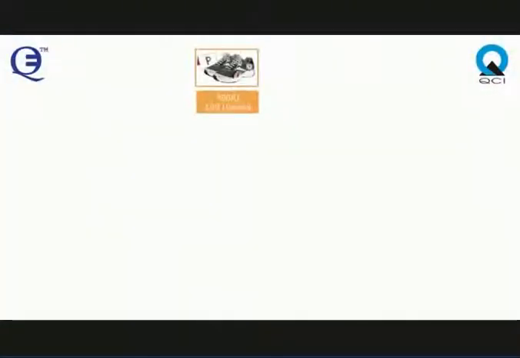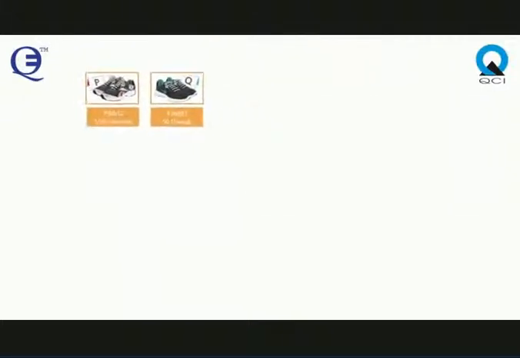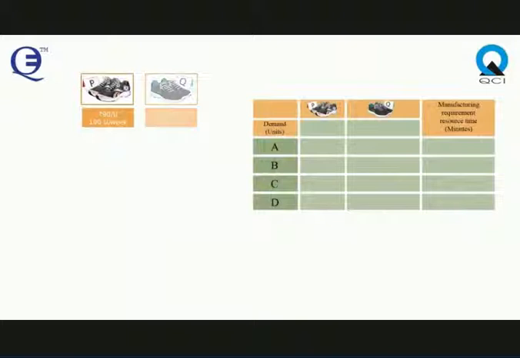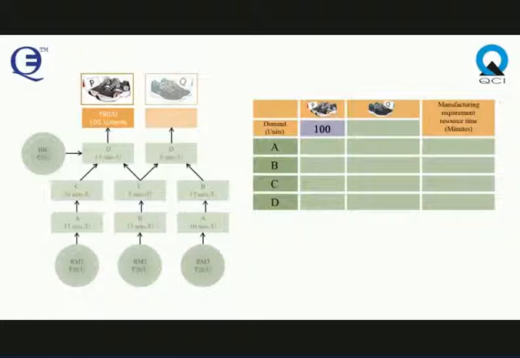You take P and you take Q in two columns. To make 100 units of P, you refer to the routing. You will find out it needs 15 minutes of A to process raw material 1. That means resource A will take 15 minutes of its available capacity to make 1 of P.